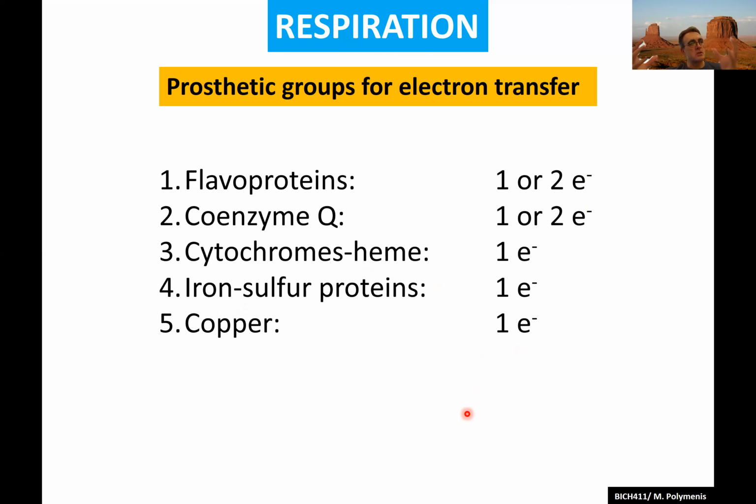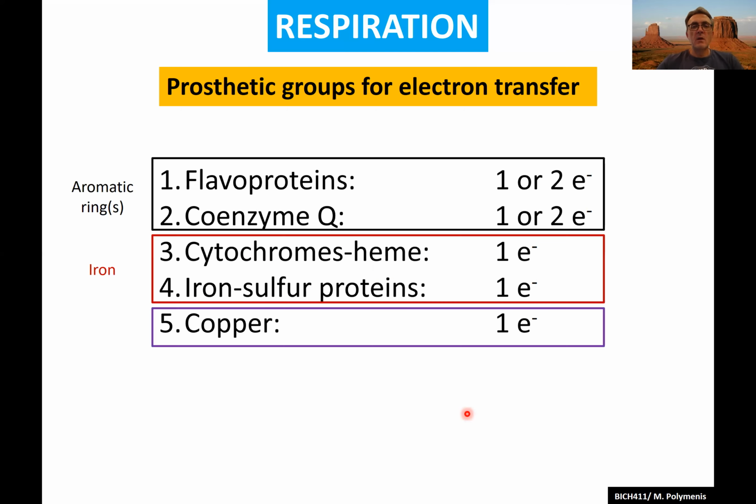They are cofactors found in proteins, and the proteins assemble together in a giant complex for each one of these electron transport complexes. So we have metals, as I said, down at the bottom here, and up here with flavoproteins and coenzyme Q, we have aromatic rings and double bonds, kind of more familiar from the things we have seen. We have not seen metals yet in the class.